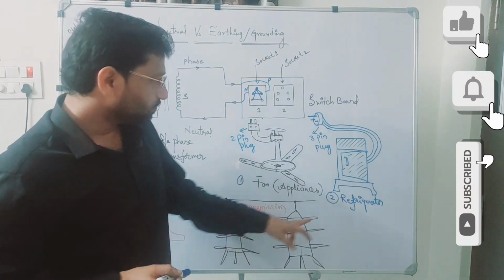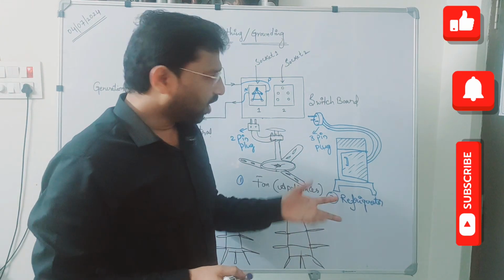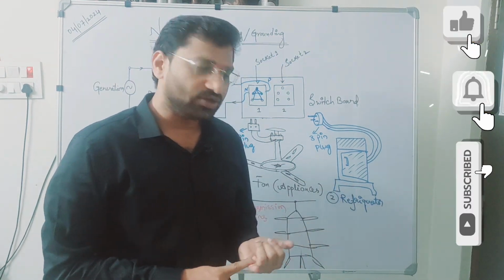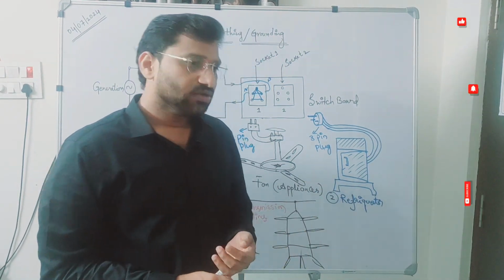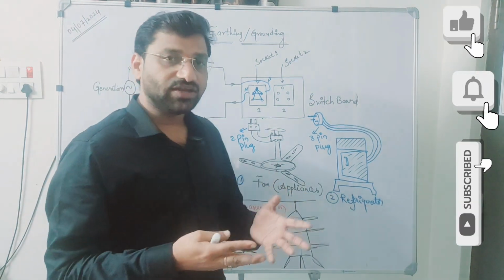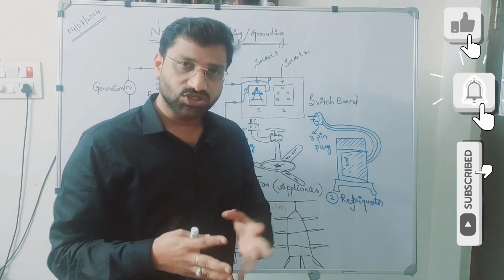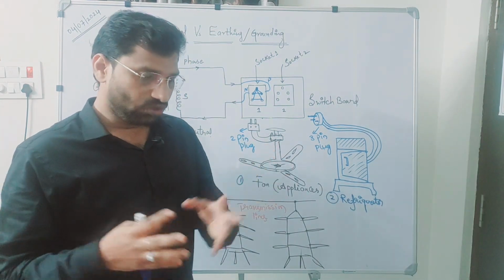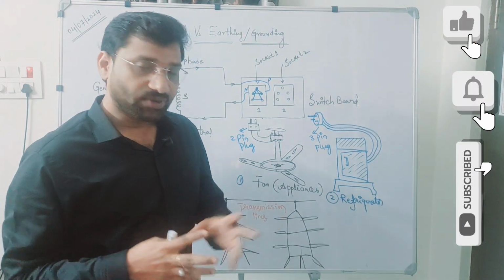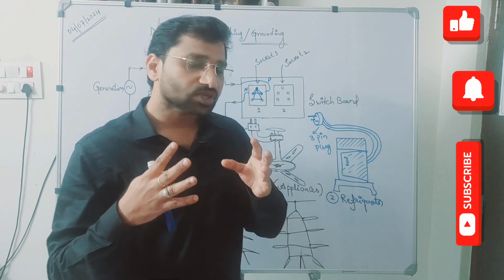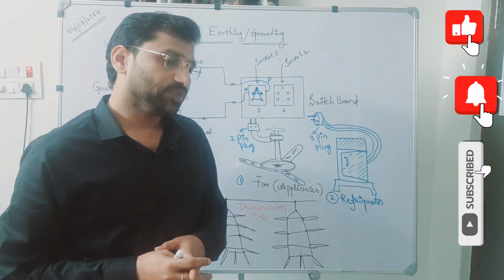The second one, refrigerator, or you can even say washing machine, or AC, or water heater, geyser, or electric cooker, or induction stove. Sometimes even air coolers also, right?